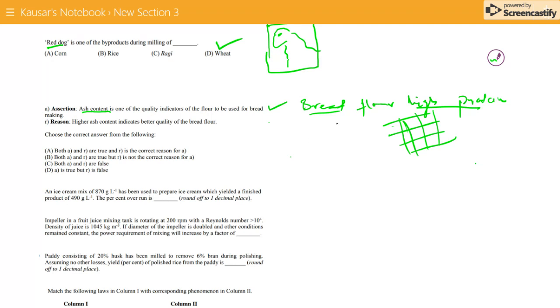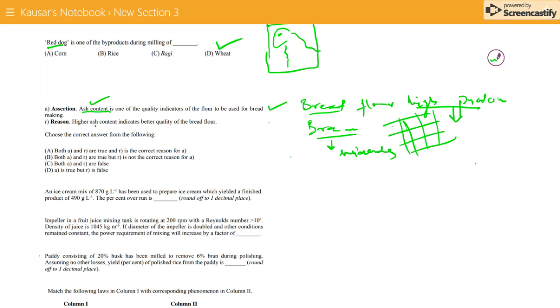If there is a contamination of bran, which has a high content of minerals, and the bran is incorporated in the flour, it will add to the ash content, but at the same time it decreases the protein content. So ash content is one of the quality indicators of flour used for bread.